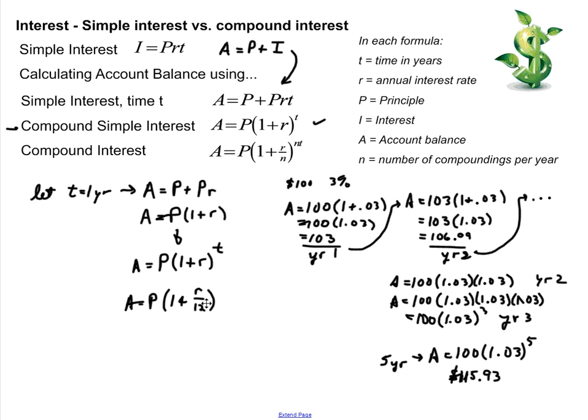But remember, we're doing it 12 times each year, so that means we multiply by the amount of time t to up that amount. So whatever the number of compoundings, the number of times that I divide up my interest per year, right? This is called 12 compoundings per year if we deal with monthly.